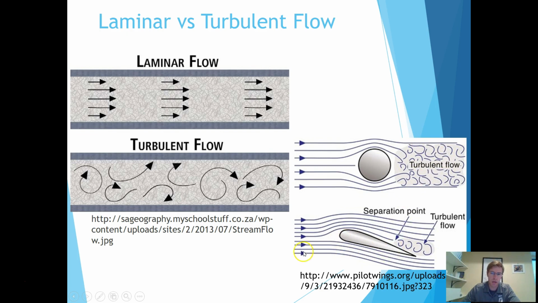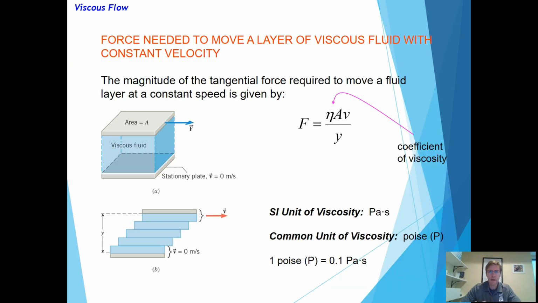Here's an airplane wing where you see nice laminar flow in front and turbulent flow behind. If this turbulent flow region becomes too large on top of the wing, that's where you feel what we call turbulence in an airplane, which is usually a loss of lift and makes your airplane feel like it's dropping. So that's steady versus unsteady flow, or laminar versus turbulent flow.